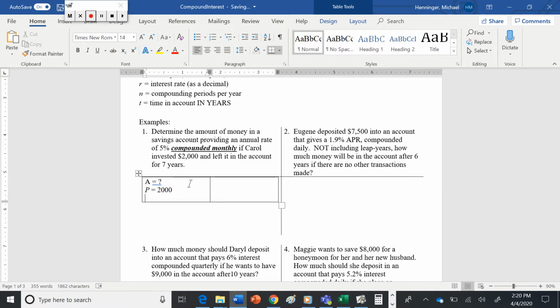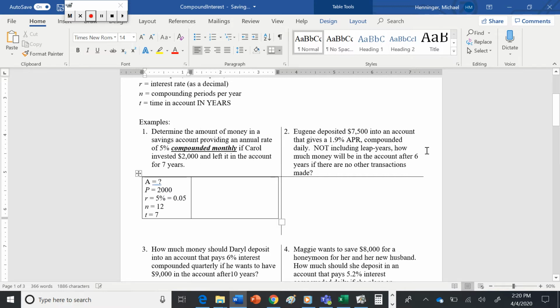The interest rate, they said it was 5%, but we know we need to write that as a decimal, so that's 0.05. N is compounding periods per year. If it's compounded monthly, that's 12 times per year. And then we have the time in the account in years, which is 7 years.